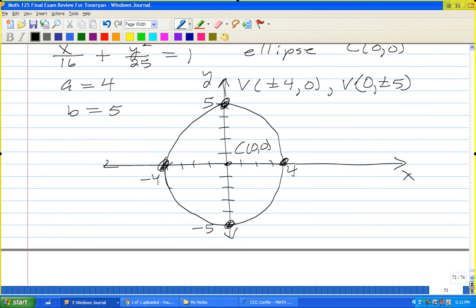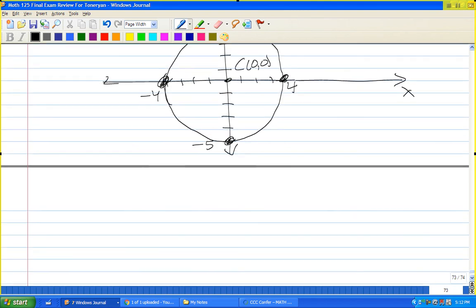Let me do problem number 98. x squared plus 25y squared equals 25. Let me divide both sides of my equation by 25.